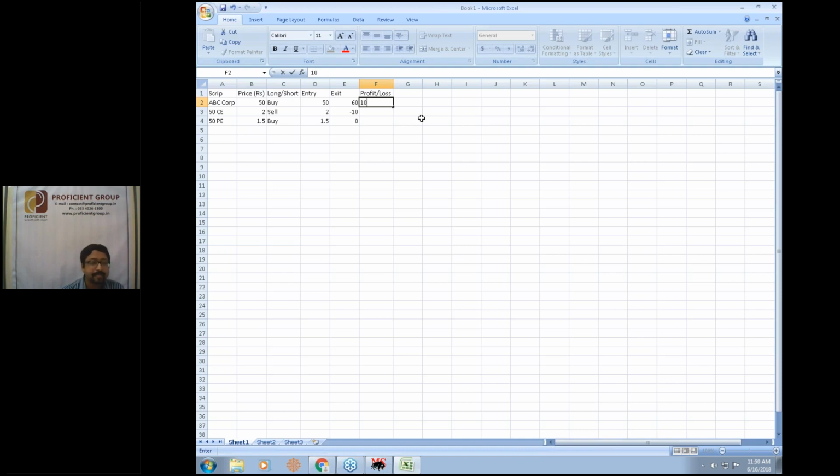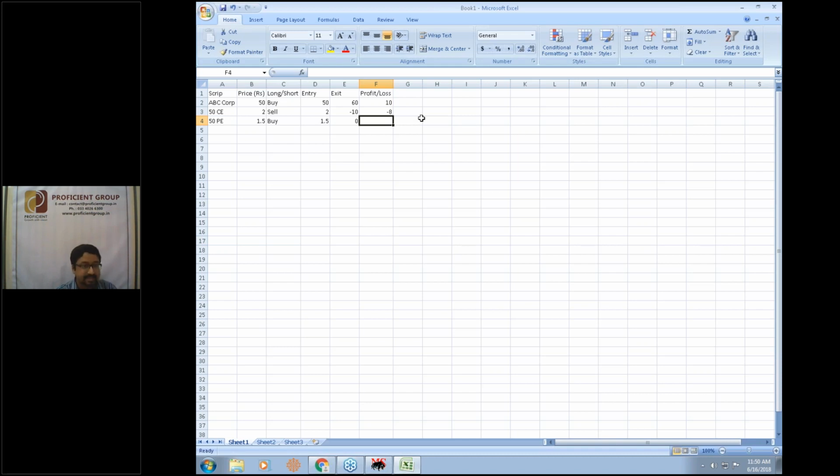From the call, we have a loss of ₹8, because we sold it at ₹2 and we have to buy it back at ₹10.